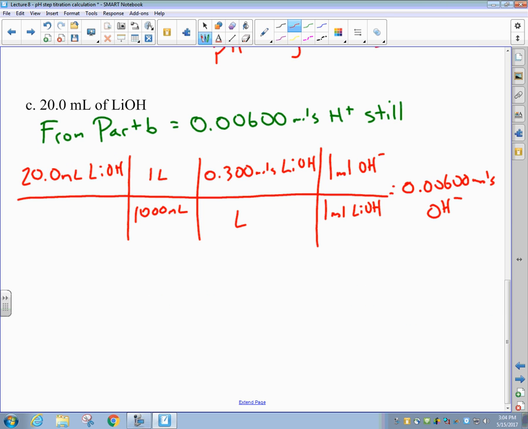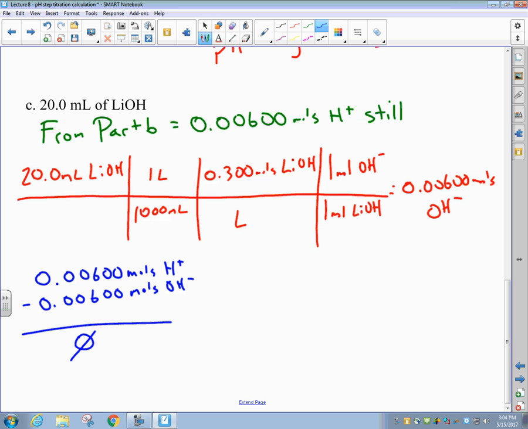Just like we did in the previous problem, we are now going to do 0.00600 moles of H positive minus 0.00600 moles of OH negative, and that gives me 0 moles in excess.